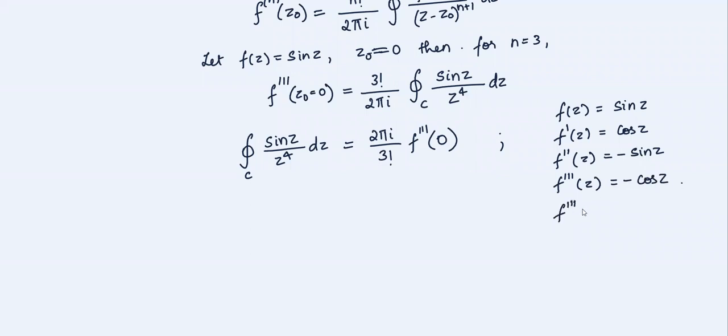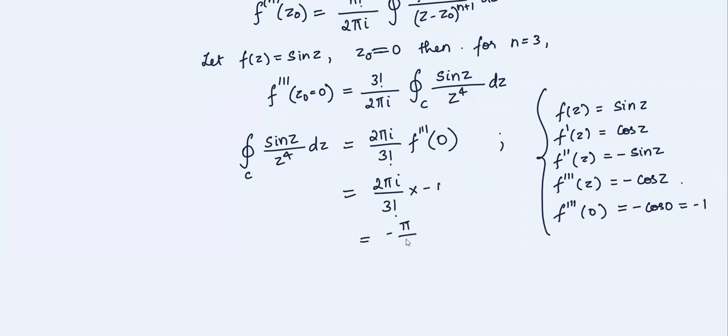So f triple dash 0 will be minus cos 0, which is minus 1. So here you get 2 pi I by 3 factorial times minus 1. 3 factorial is 6, so we get minus pi by 3i. Same answer.